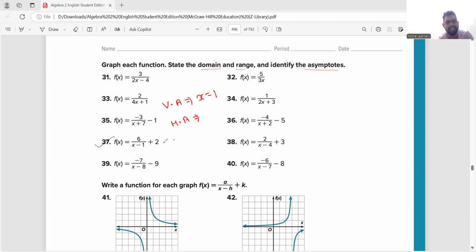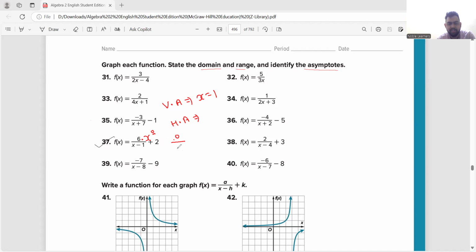What is the degree of 6? What is the variable multiplied over there if there is no variable? X equals 1, x to the power 0. X to the power 0 is 1, and 6 times 1 is 6 itself. So the degree of numerator is 0.